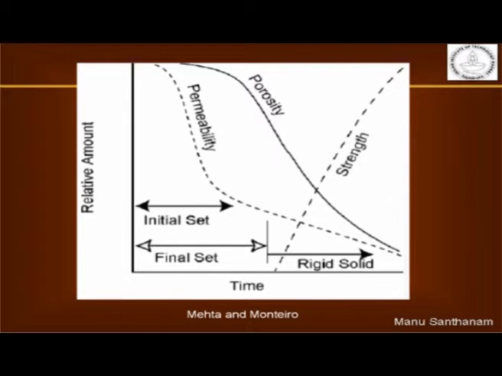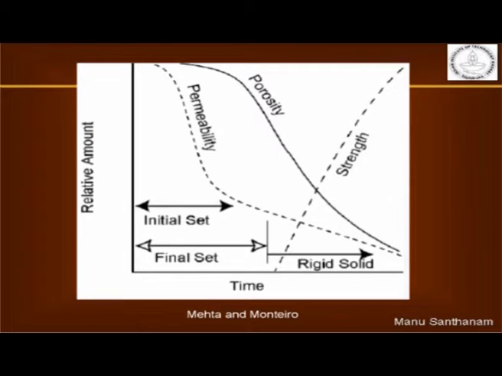So that means if I continue to cure my system, if I continue to ensure that water is available for reaction with cement, my strength will go up and my permeability will come down. In other words, as the permeability comes down, my durability goes up. So strength and durability will go up as I continue to cure my system.